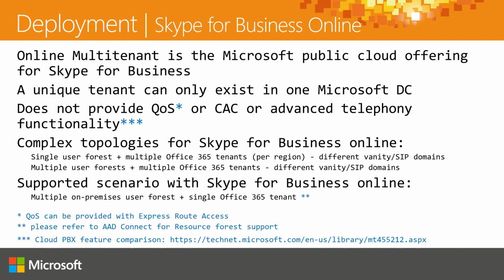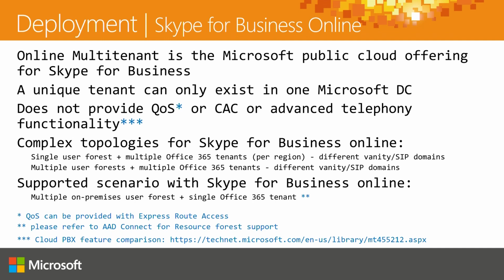If you're not aware, Express Route is a direct connection into the Office 365 network, not via the public internet, but via a dedicated private link. Whatever your service provider who provides Express Route, you mark the packets, they will honor the packets, and once they hit our network, we will honor those packet markings.